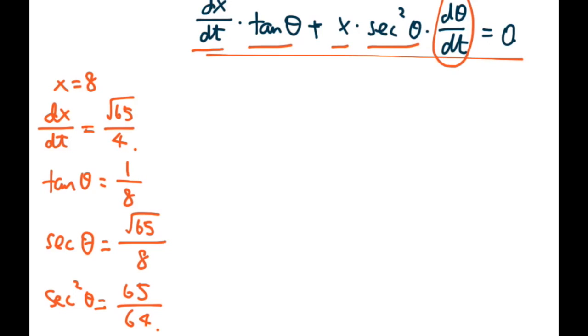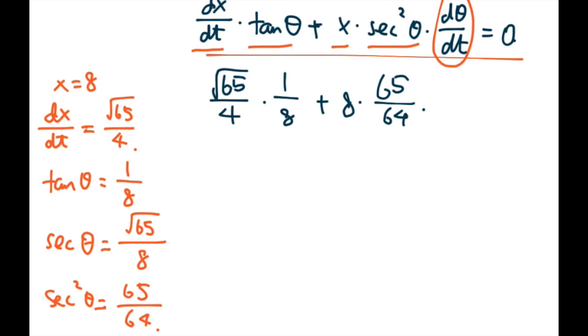The first part is this product, that is root 65 over 32, plus 8, and the 64 in the denominator can be cancelled a little bit, that is 65 over 8 times d theta over dt.